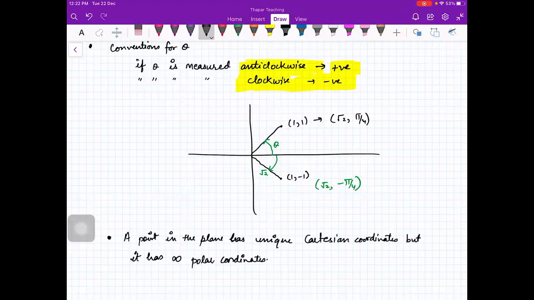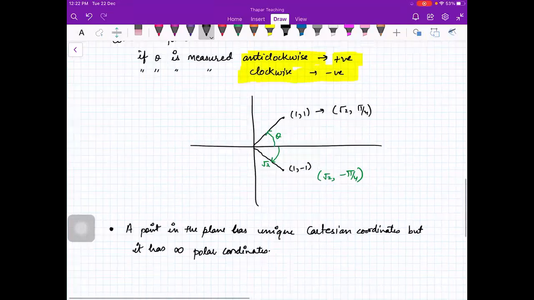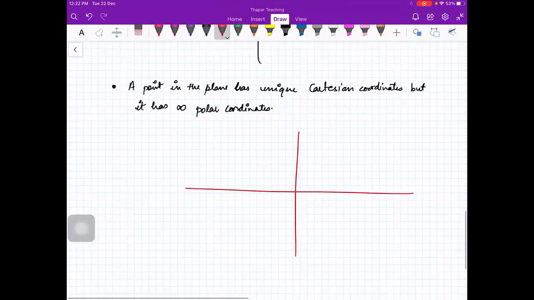Okay, so what is the meaning? Suppose you have this point here, again take (1, 1). Does this point have any other name in Cartesian coordinates? No, ma'am. It has this unique name in Cartesian coordinates.